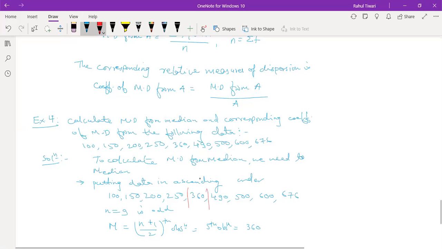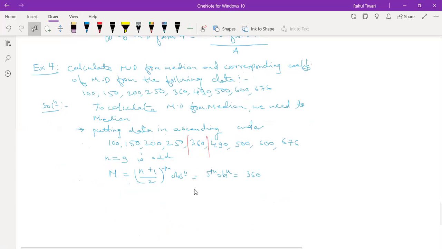Okay. So once you got the median, what is the formula for MD from that value? So we have X data, which is 100, 150, 200, 250, 360, 490, 500, 600, 676.